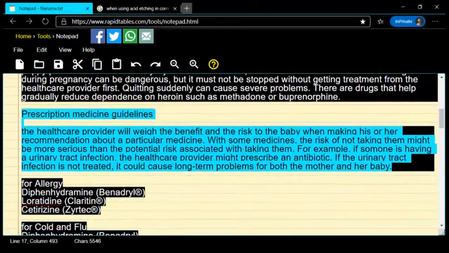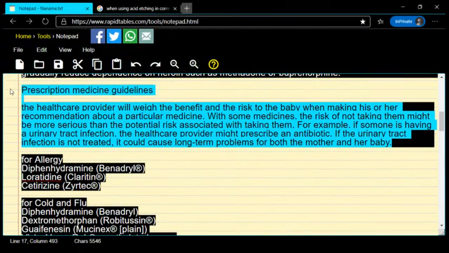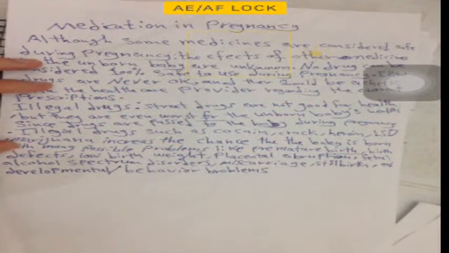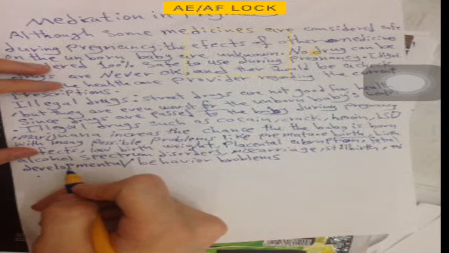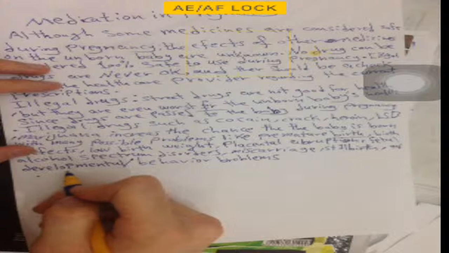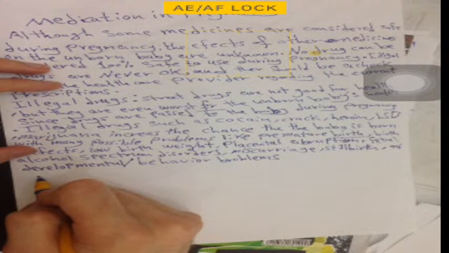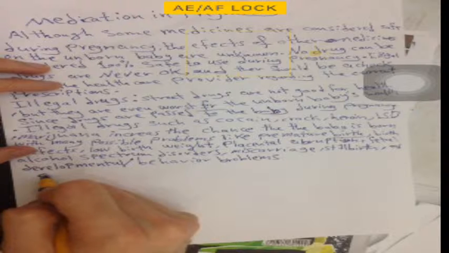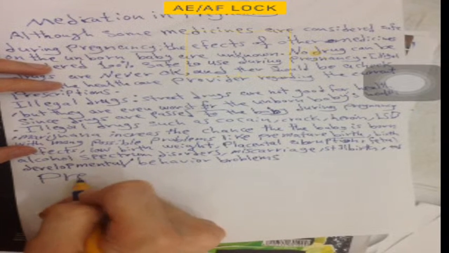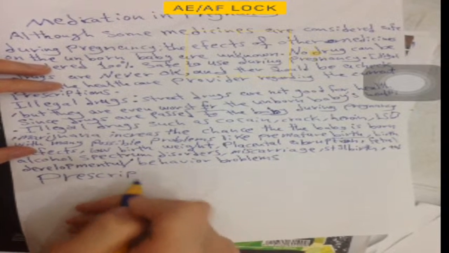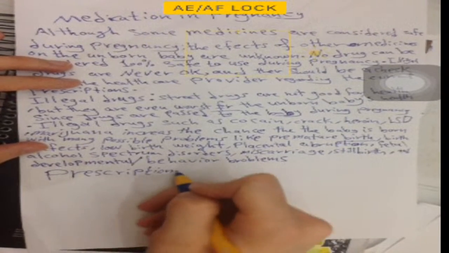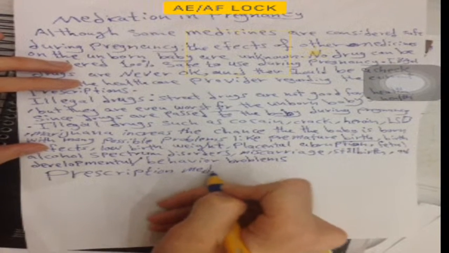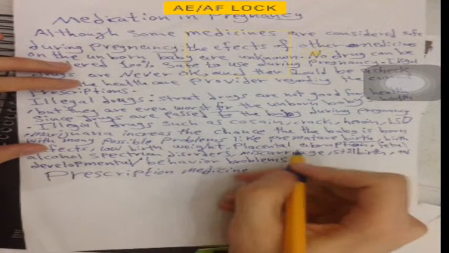I will be writing this paragraph and add it to our research paper. It is about prescription medicine guidelines.